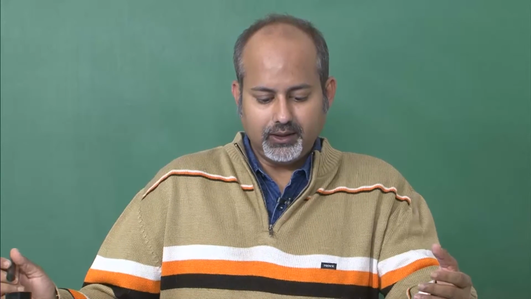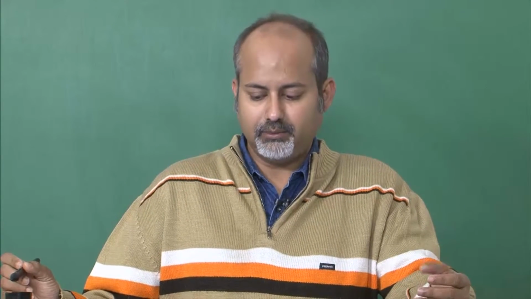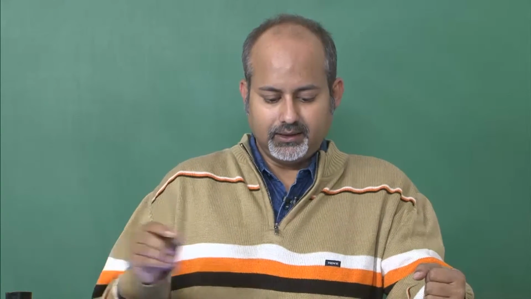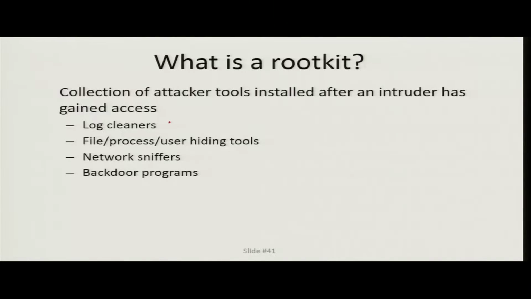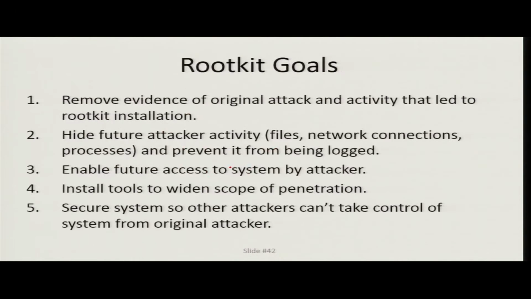But overall, the idea is to install a number of tools to get access to your machine, and then in order to hide the footprint of the attacker, they install tools that do cleaning of logs, or turn off logging, process, file, and user hiding tools, network sniffers, and trojans or backdoor programs to connect to a command and control center.